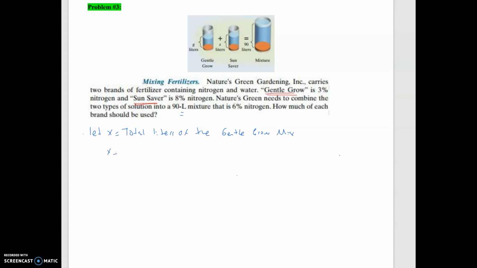And then y is going to be the total liters of, in this case, the Sunsaver mix.